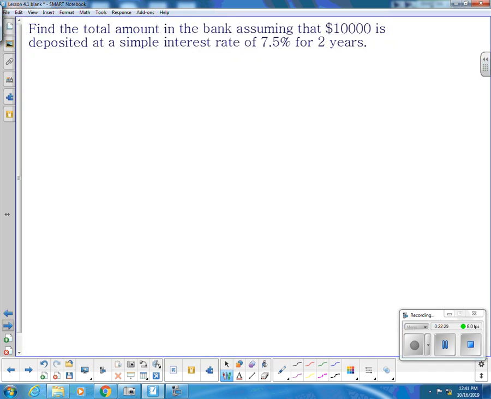So let's try this one. Find the total amount in the bank, assuming $10,000 is deposited in a simple interest account. So the interest we make off of $10,000 deposited at an interest rate of 7.5% for 2 years. Just multiply it out.